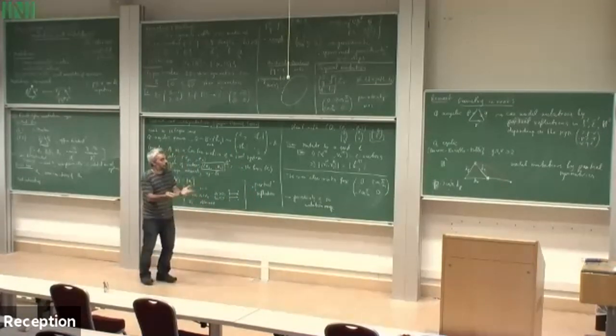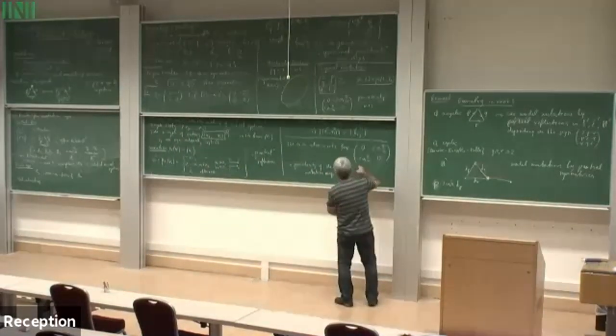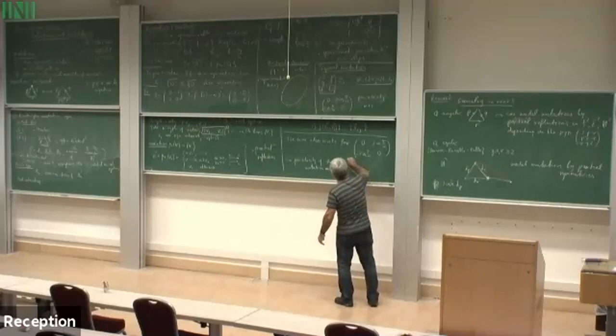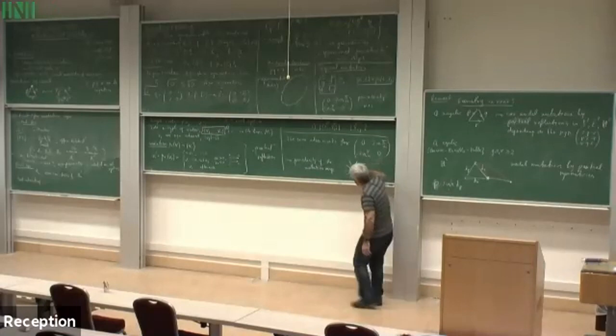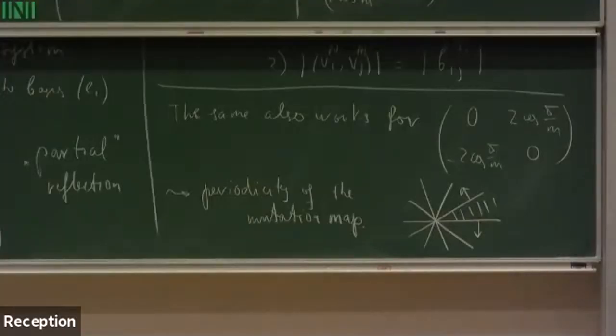There's an easy geometry behind it. Let me just qualify. Normally you start with this cone. You take the simple roots of your root system. Okay, these are simple roots.